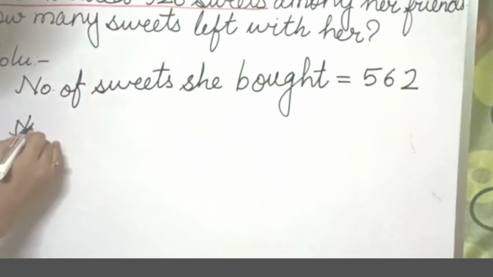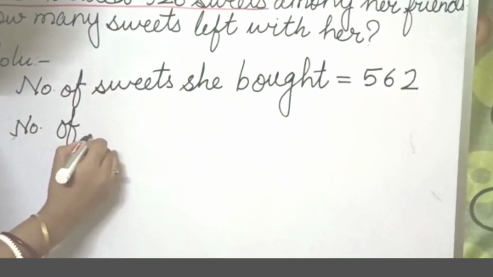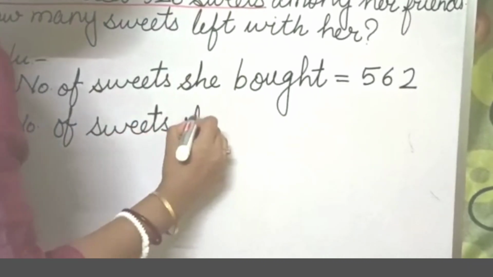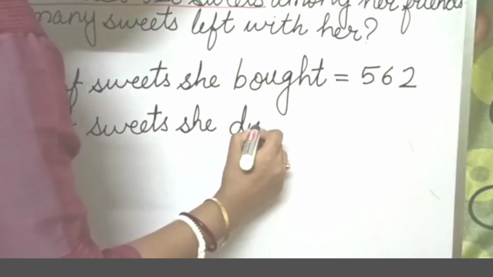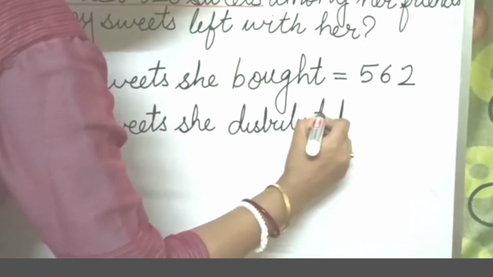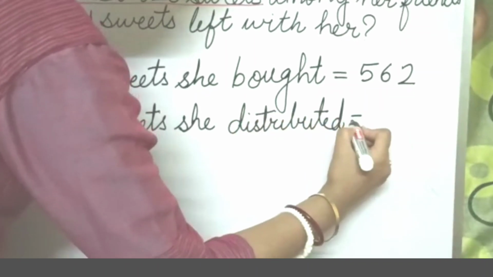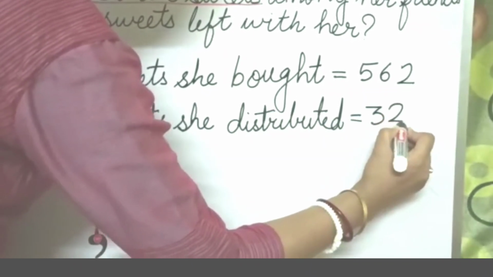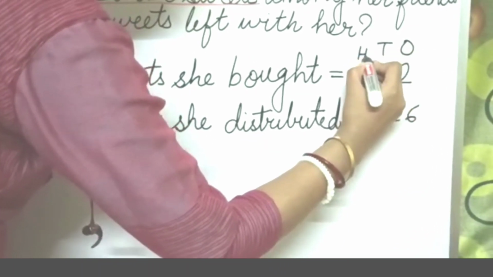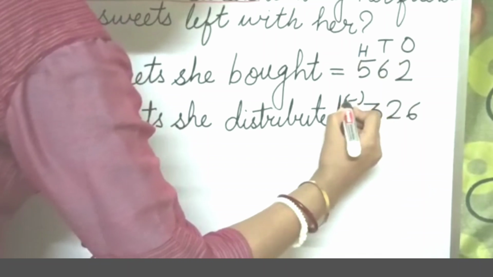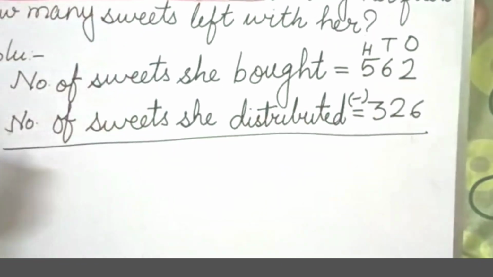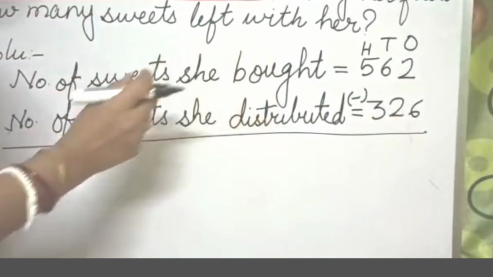Then number of sweets she distributed equals to 326. Write down ones, tens, hundreds, the subtraction sign, and then the sentence you have to write for the subtraction.